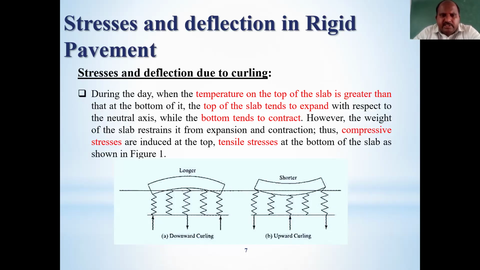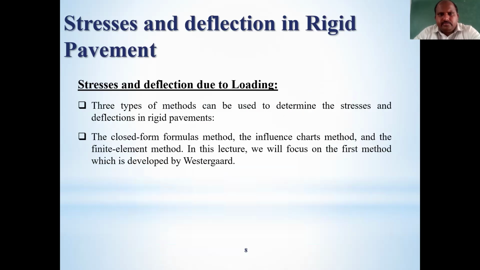The picture shows that the first picture, picture A, shows the downward curling of the pavement layer, and the next picture shows the upward curling of the layer. The next one is the stress and deflection due to loading.